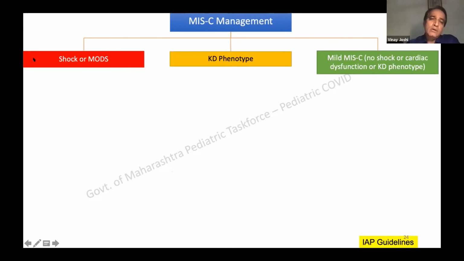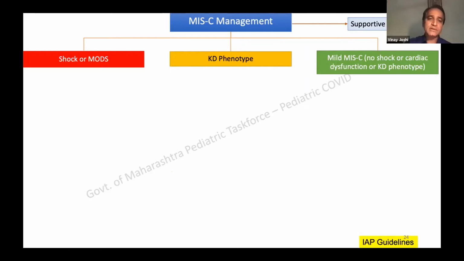Now let us focus on a child with MISC presenting in shock with multi-organ dysfunction syndrome. While doing that, supportive care is very, very important. In any category for that matter, general supportive care is very crucial because these patients are extremely sick.